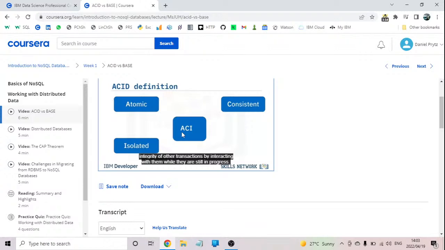Isolated transactions cannot compromise the integrity of other transactions by interacting with them while they're in progress. Okay, so we've got isolated.